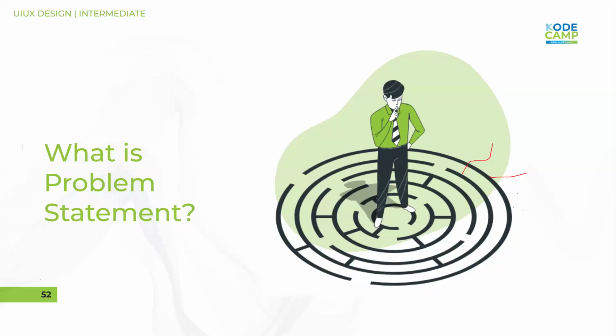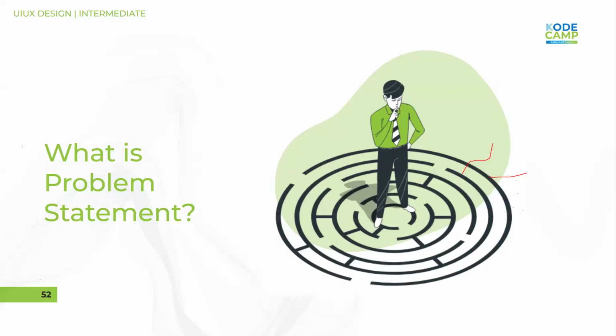That's exactly what designing without a problem statement feels like. So the problem statement will give you focus, it will give you clarity, it will give you direction. Without it, you are just designing random pretty screens that might never solve real issues.